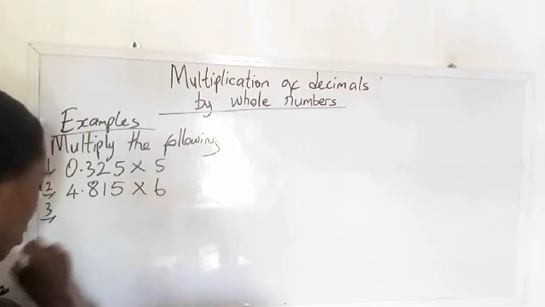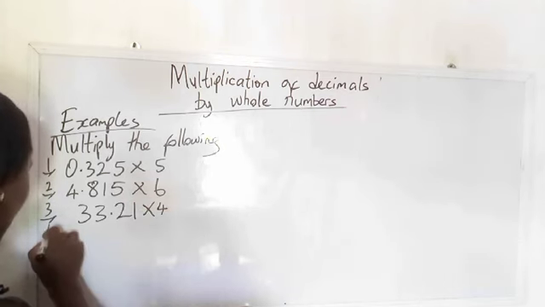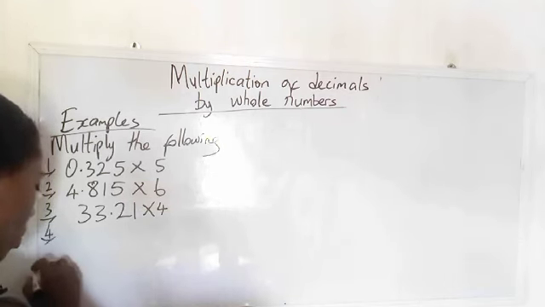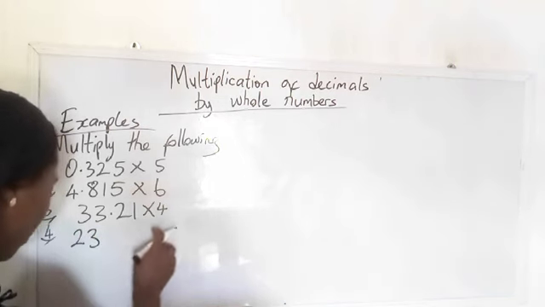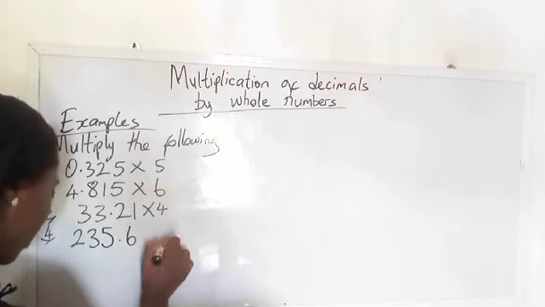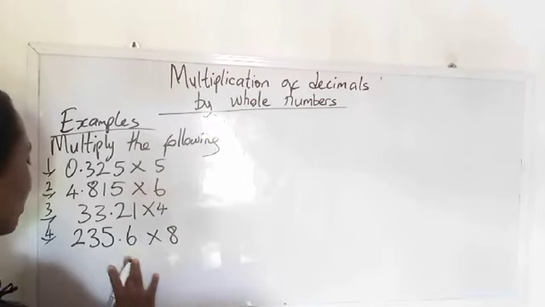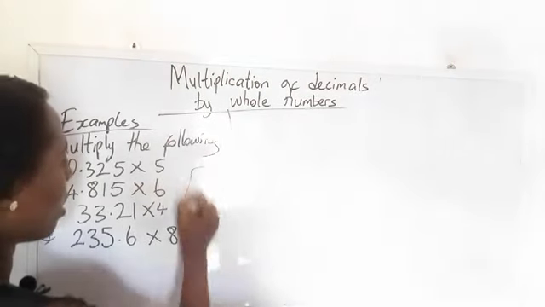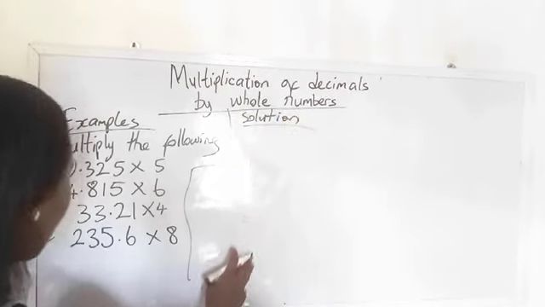Number 3, we have 33.21 times 4. Number 4, we have 235.6 times 8. So let's solve this. Solution, we start with the first, alright?